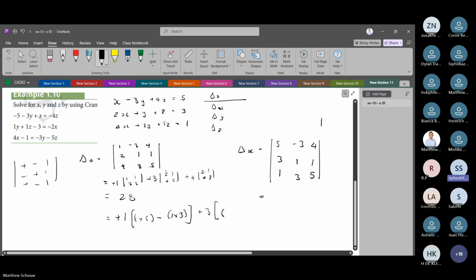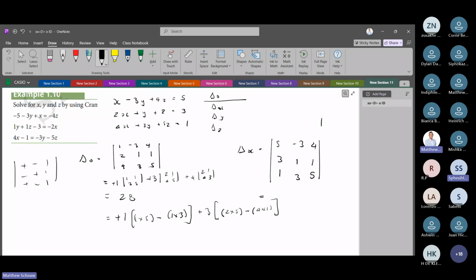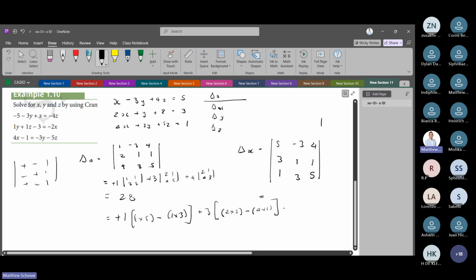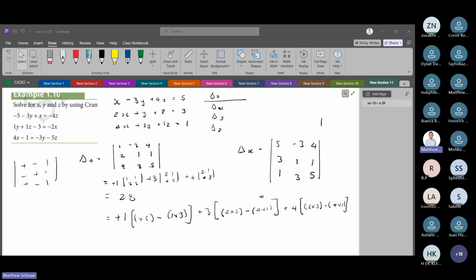Open that one. 2 times 5, which is 10, minus 4 times 1. Remember there's a 10 here. 10 minus 4, yes, sir. Same thing again, 2 times 3, and that's minus 4 times 1. Yes. Okay, sure.